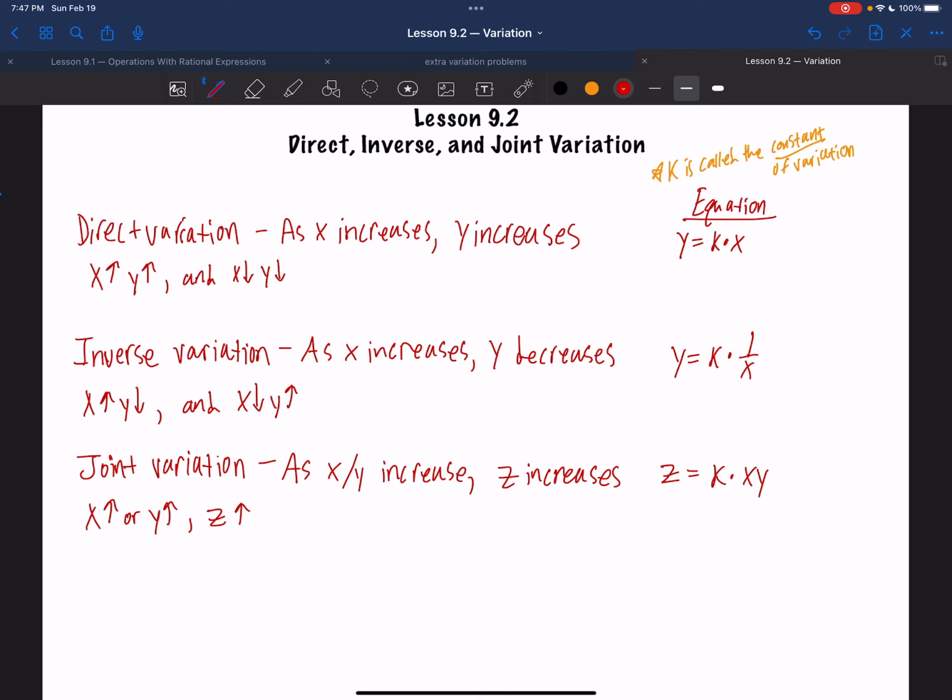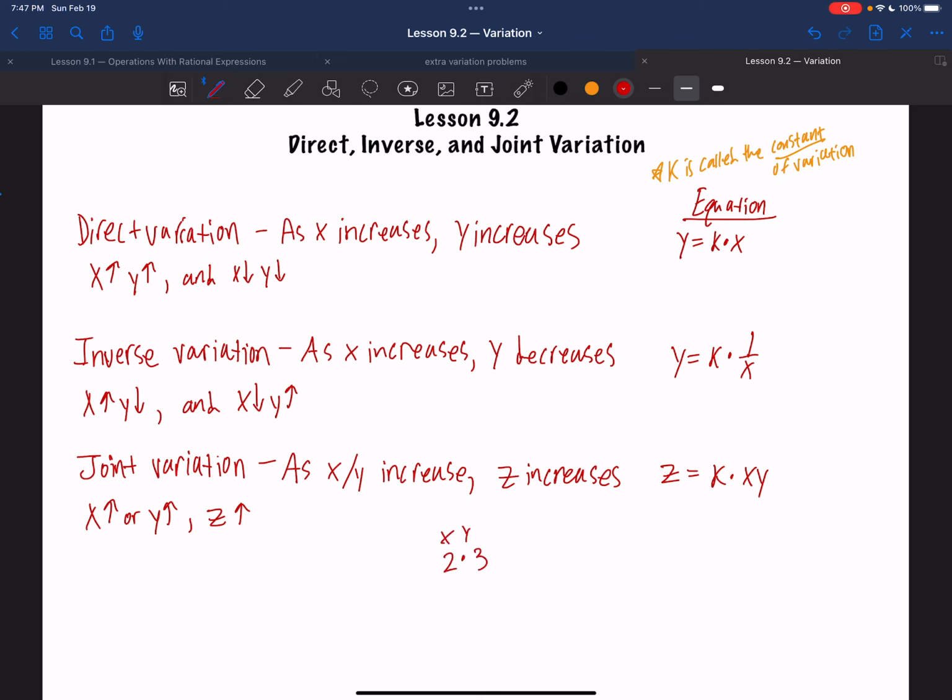Now, a wonderful student question that has come up is, well, Mr. Spake, what if one goes up and the other goes down? So, like, let's say x increases and y decreases. And this is a fantastic question, by the way. Well, you might just have to ask yourself, how much is it increasing or decreasing by? For instance, let's say x is 2 and y is 3.